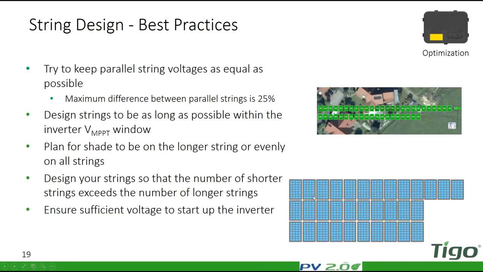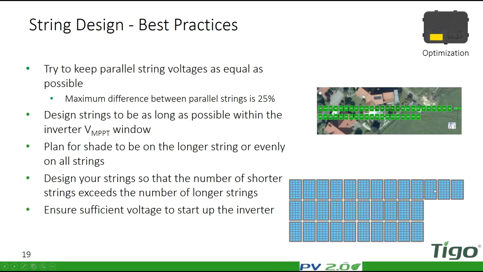So this is what we see here. Like I mentioned, when optimizers optimize, they basically reduce the voltage a bit. If we look at the example here on the bottom right side, we have one string that's a bit longer than the others.